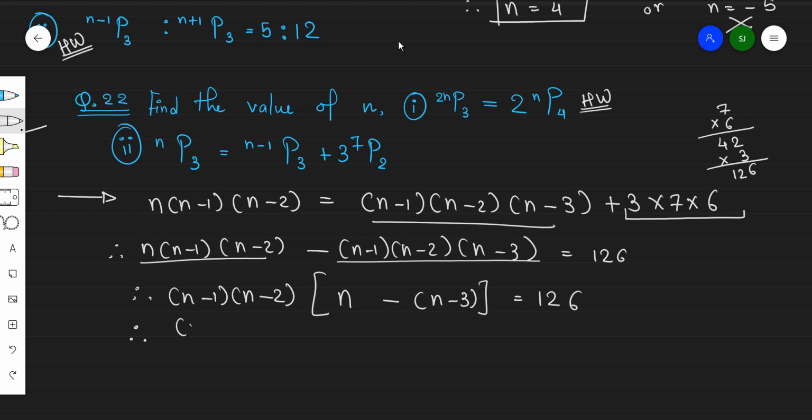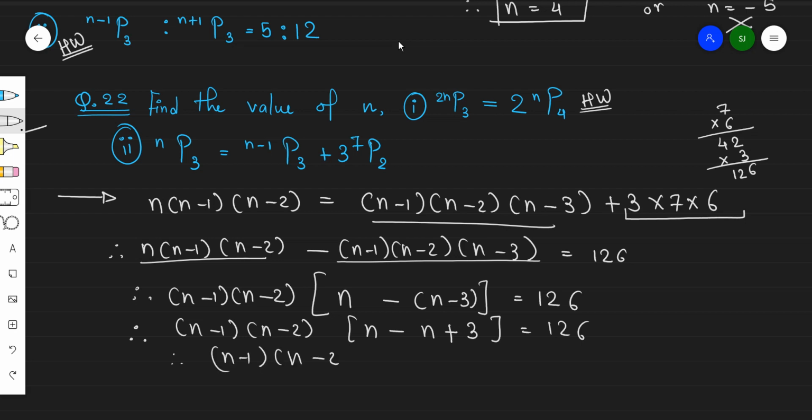So this is (n minus 1)(n minus 2) times (n minus (n minus 3)), and that is 126. So this is (n minus 1)(n minus 2), and n minus n plus 3 gets simplified to 3, multiplied with 3 is equal to 126. So what we found, (n minus 1)(n minus 2), and if this 3 divides to the other side, it should be 42, right?